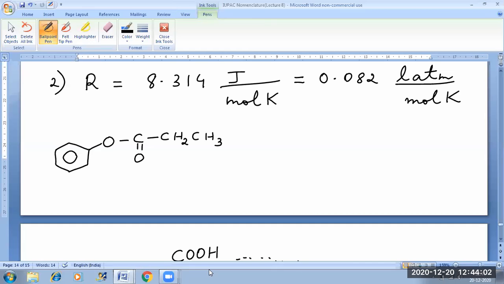It would be a substituent. Why? Because the main straight chain contains the functional group, and the carbon of ester is not directly attached to the benzene ring.